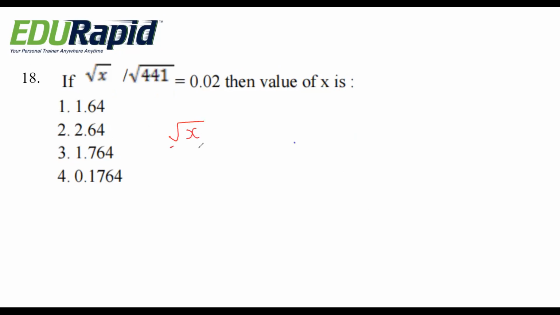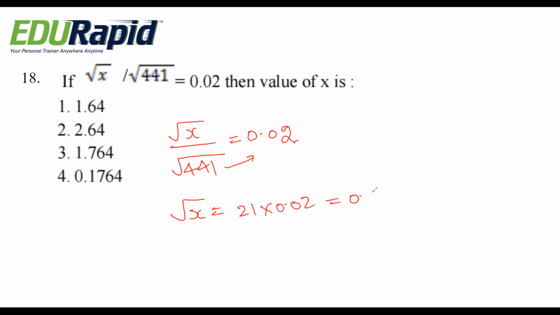Square root of x divided by square root of 441 is equal to 0.02. If you simplify, the square root of 441 becomes 21. 21 into 0.02, this becomes 0.42. If you multiply this, 21 into 2 is 42, that becomes 0.42.